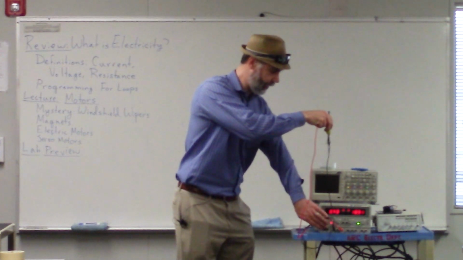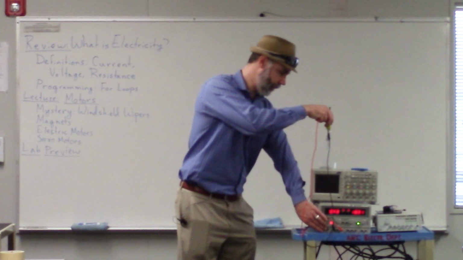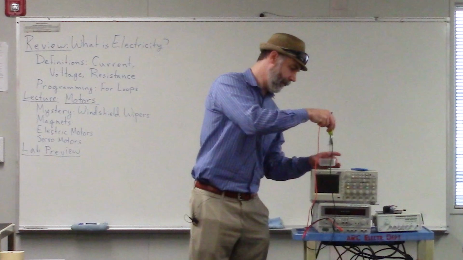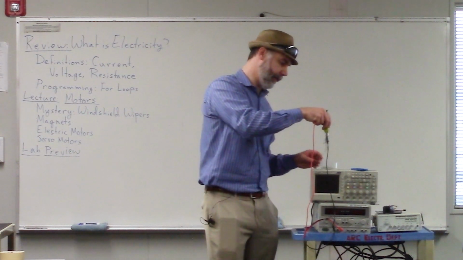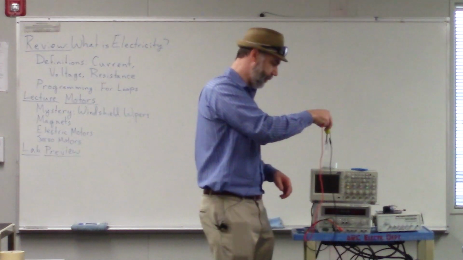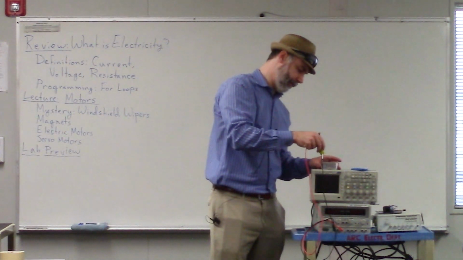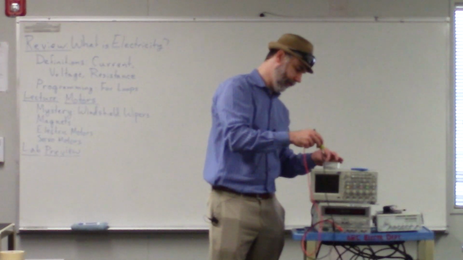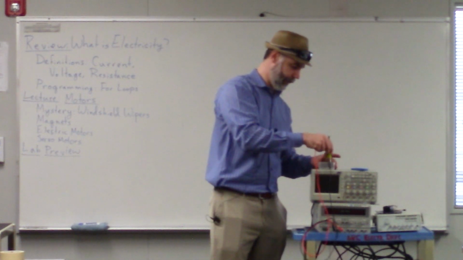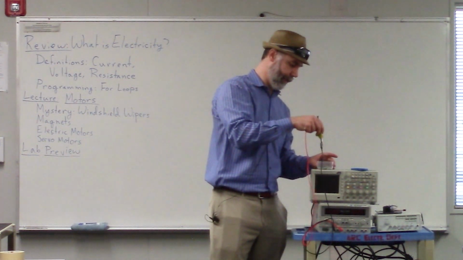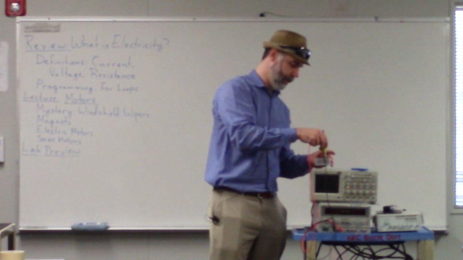And if I turn this off, it still retains some of its magnetic properties. But if I let go of these and I try to pick them up again, most of that magnetism is gone, okay?